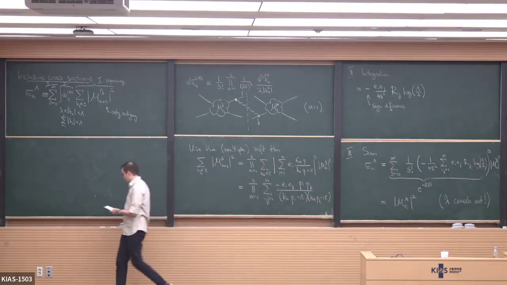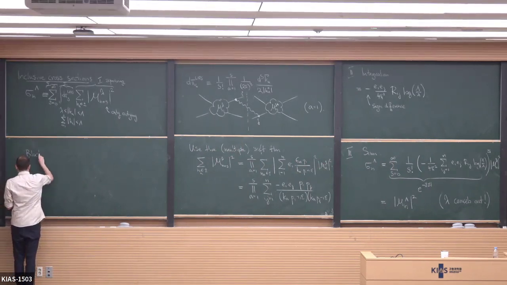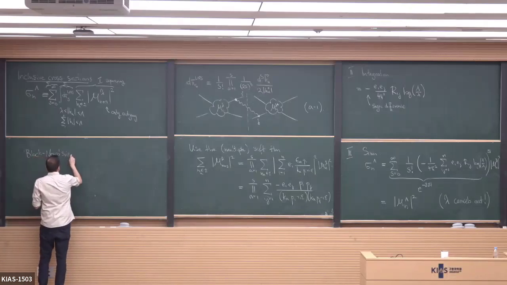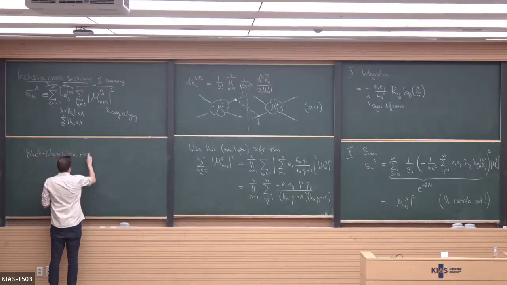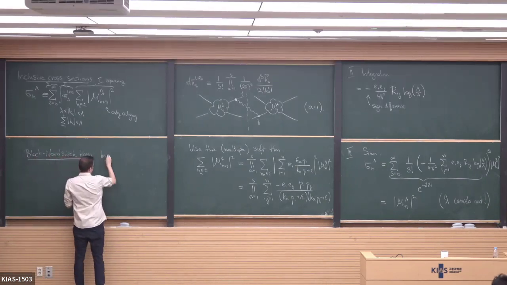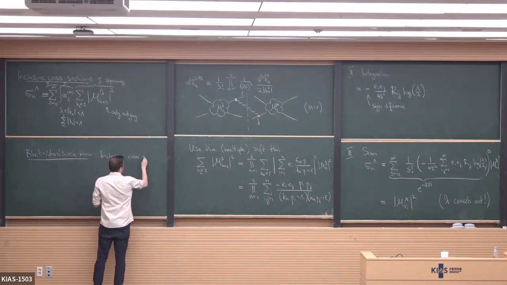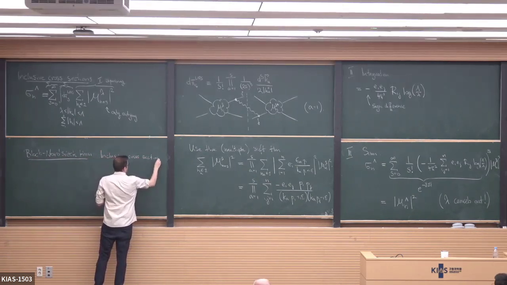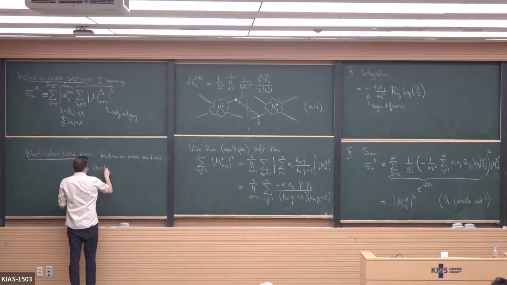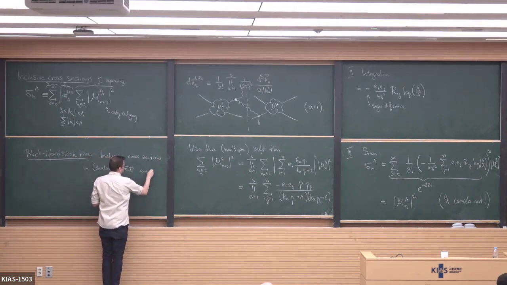And that result in QED has a name. It's known as the Bloch-Nordsieck theorem, which says that the inclusive cross-sections in QED or scalar QED are finite.